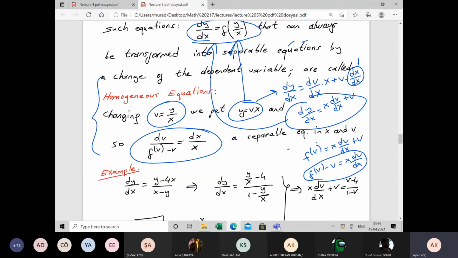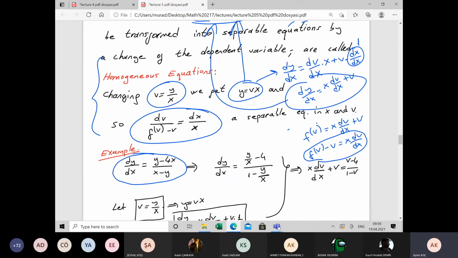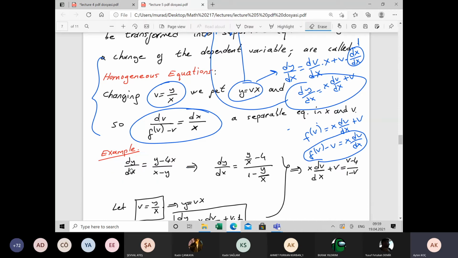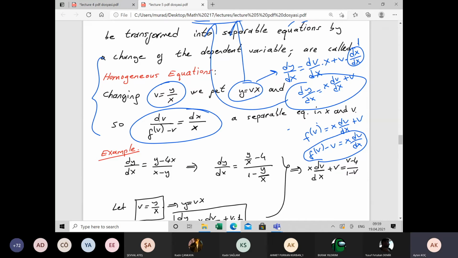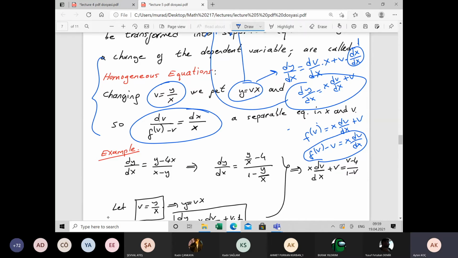Look at this differential equation, dy over dx equals this one. First of all, identify this equation. This is a first order differential equation, because it contains the highest derivative y prime. It is not a separable equation, since the right side does not contain only y or only x.